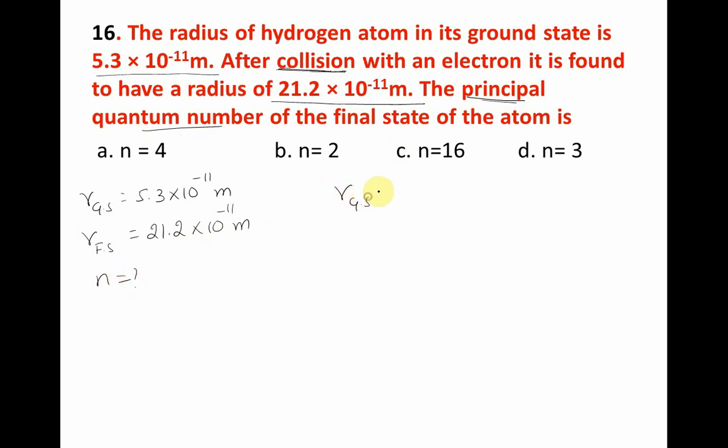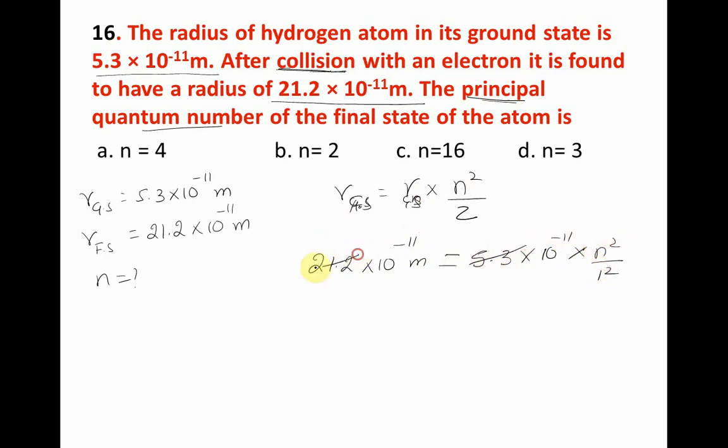We know that the radius of the nth orbit is equal to the radius in the ground state into n square by Z. So 21.2 × 10^-11 meter is equal to 5.3 × 10^-11 into n square by 1 square. 5 fours are 20 and these two get cancelled.